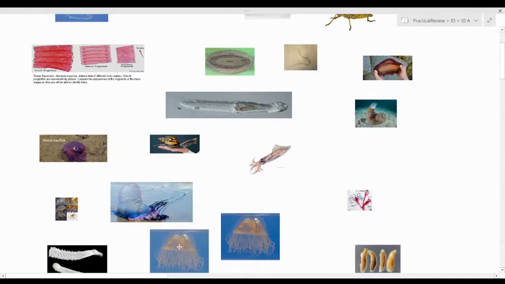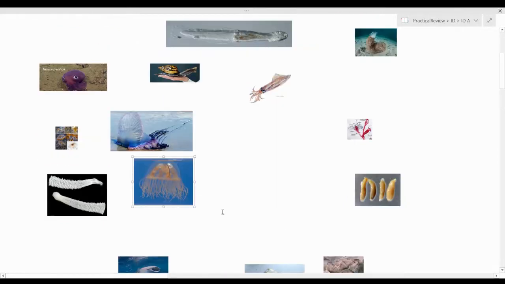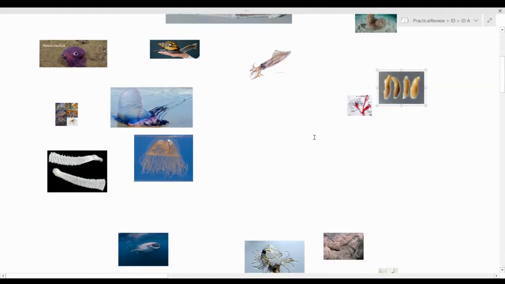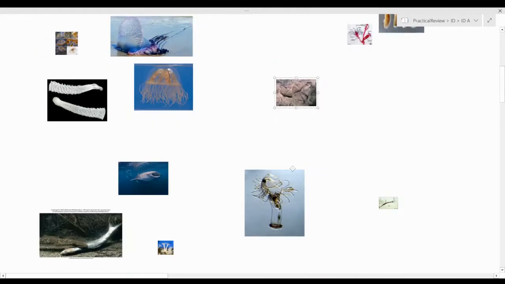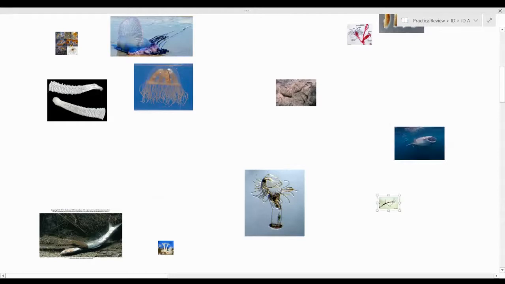You should be asking yourself, can you name these? And how do they relate to each other? In other words, if these were cards on a table, how would you cluster them to show evolutionary interrelationships?